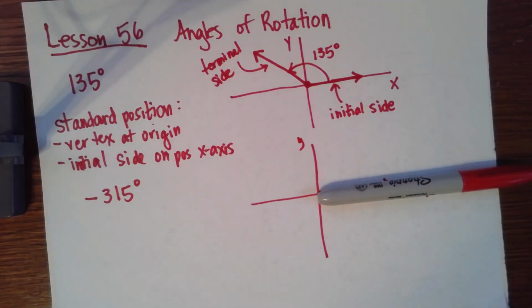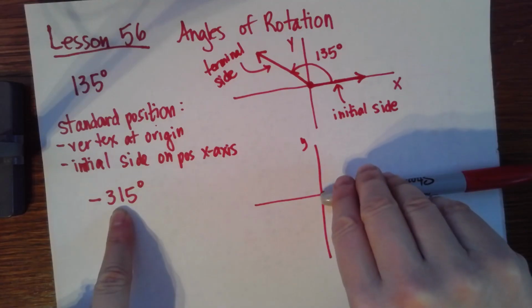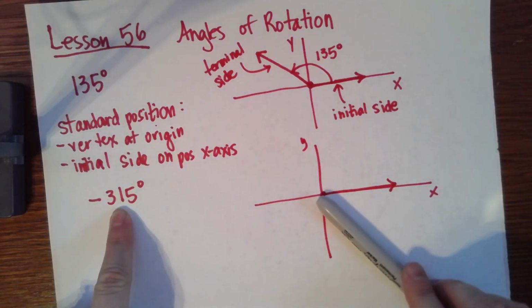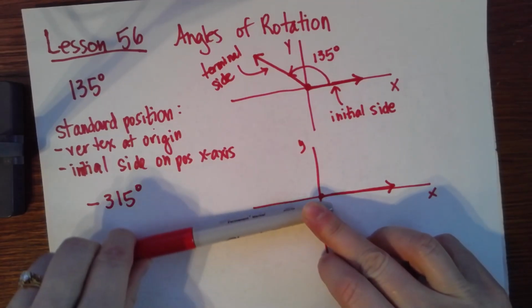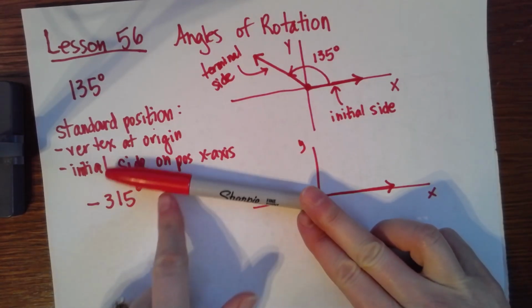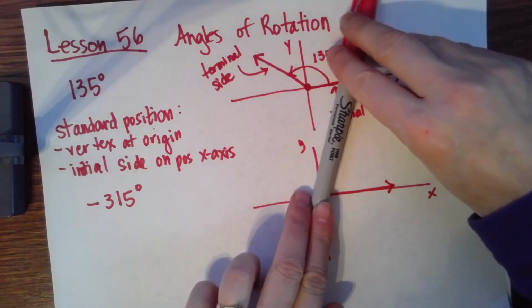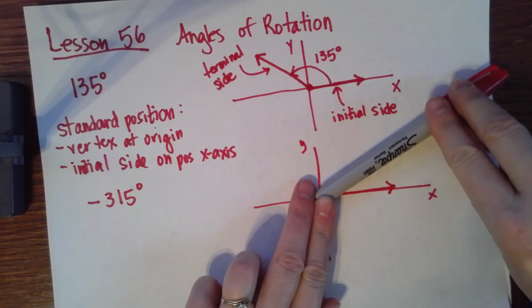Okay, so imagine I'm here. If I want to go to negative 315 degrees, I'm going to rotate in the negative direction. So I'll rotate negative 90, negative 180, negative 270, negative 300, negative 315, and then I'll stop.